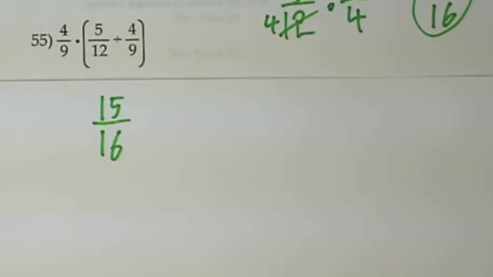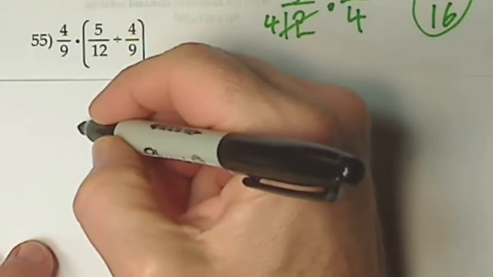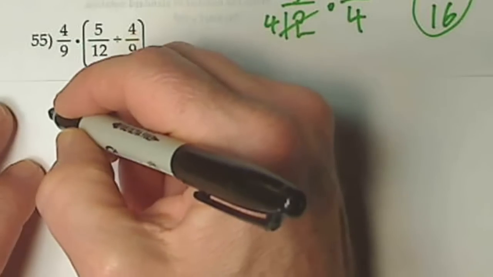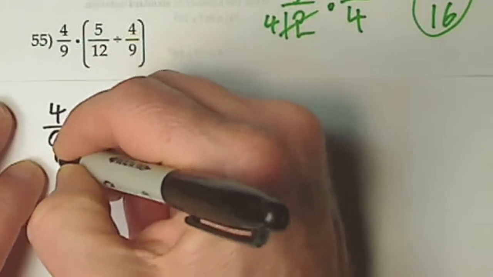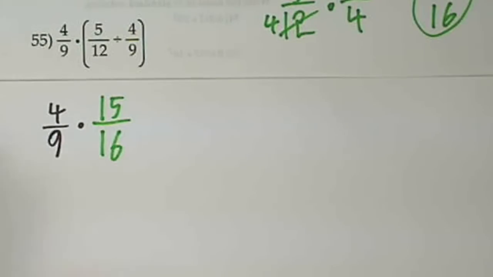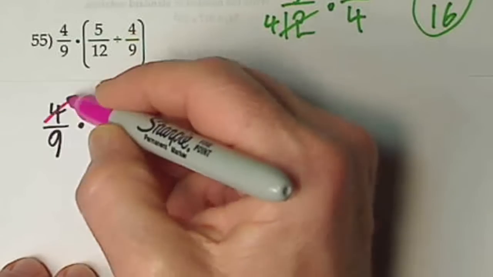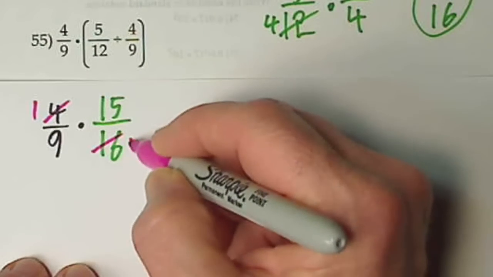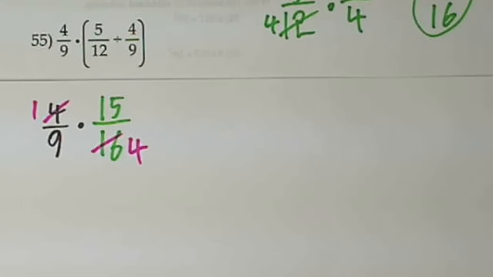Alright, now I just bring down whatever I haven't touched. This multiplication and the 4/9. Okay, and we can do a little cleaning up here. 4 goes into 4 once, 4 goes into 16 4 times.